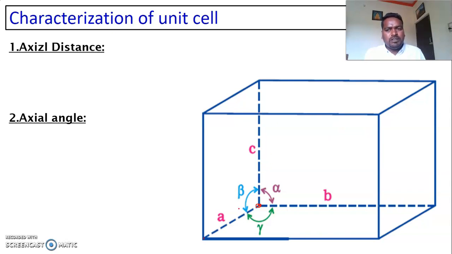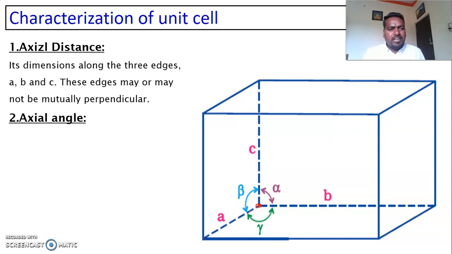In this cubic unit cell, the dimension or the distance along the three coordinate axes x, y, z is called the axial distance. For example, in this figure, the distance from edge to edge, along the z axis, y axis and x axis, is called the axial distance.